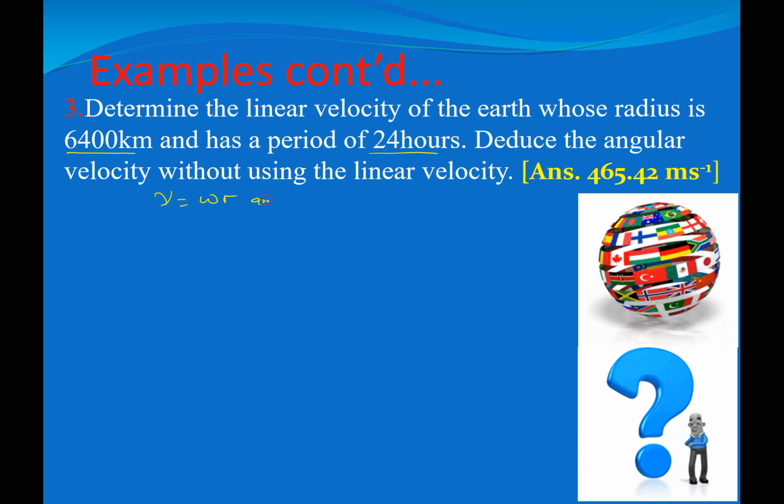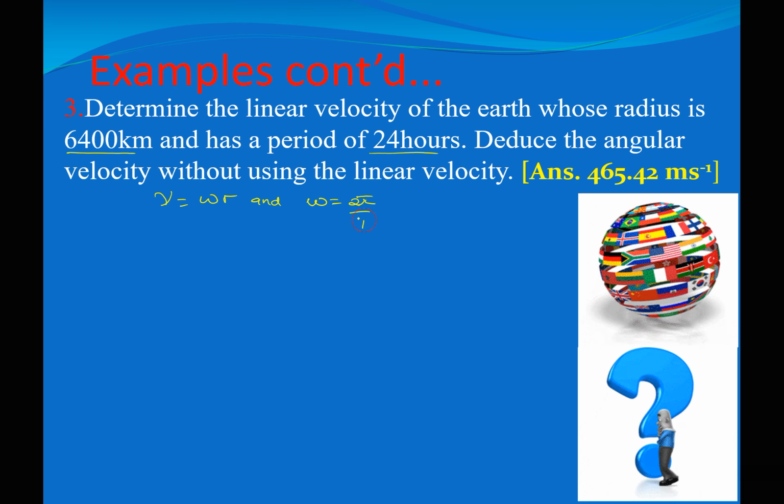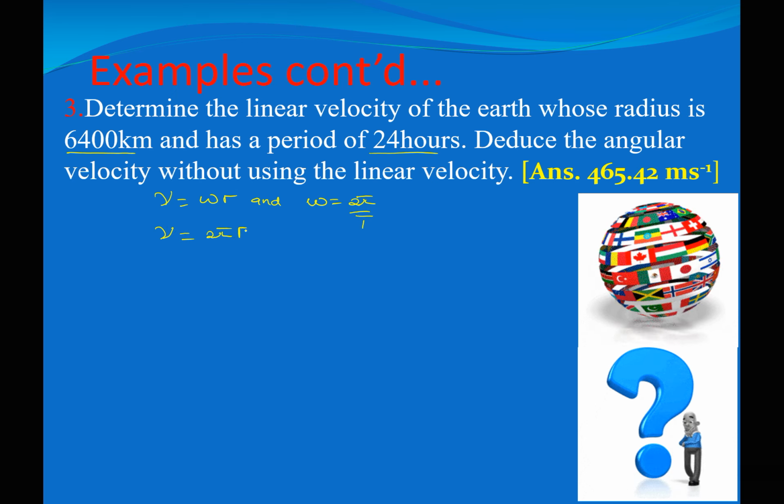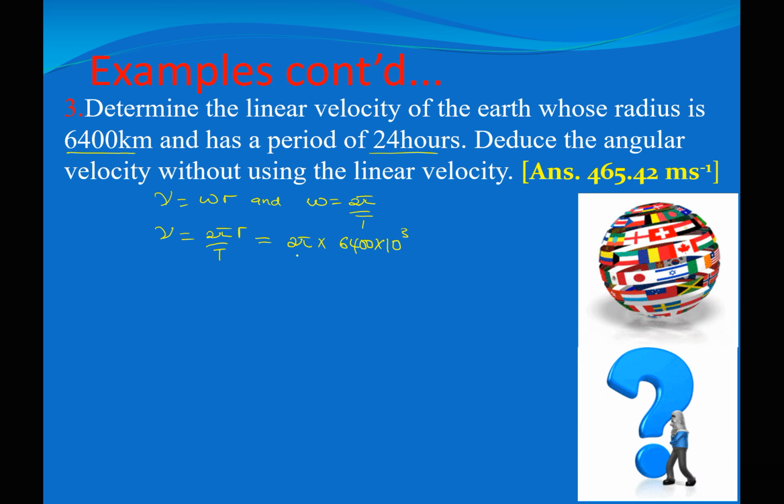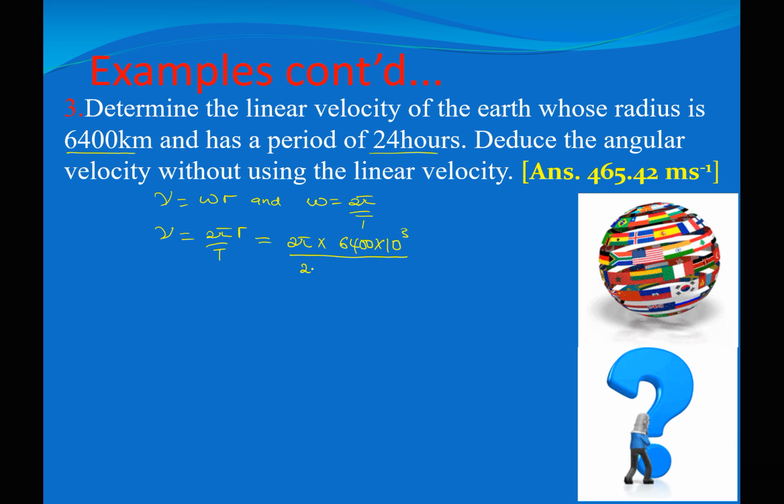And we also know that omega is equal to 2 pi divided by T. So the linear speed v is going to be 2 pi times r divided by T. So when I substitute, it's going to be 2 pi times the radius, which is 6400 times 10 to the power of 3, then divide by the period, which is 24 hours times 3,600 to change it to seconds. So I'll press my calculator.